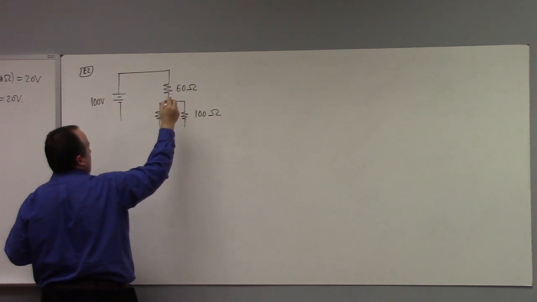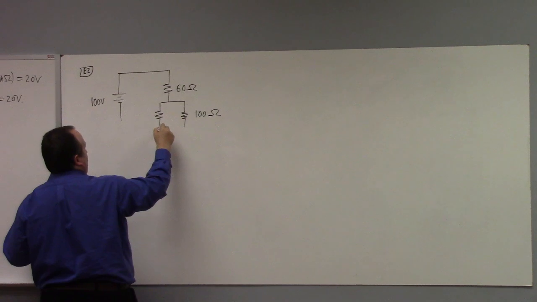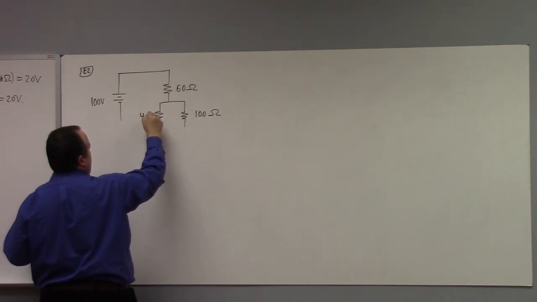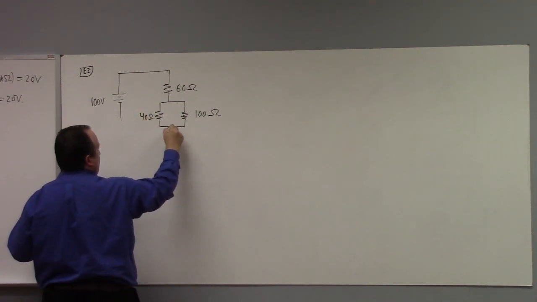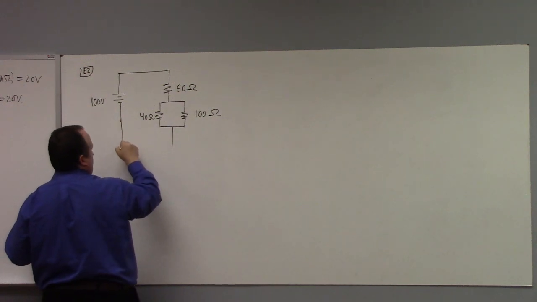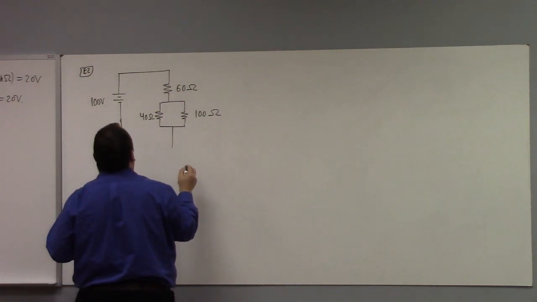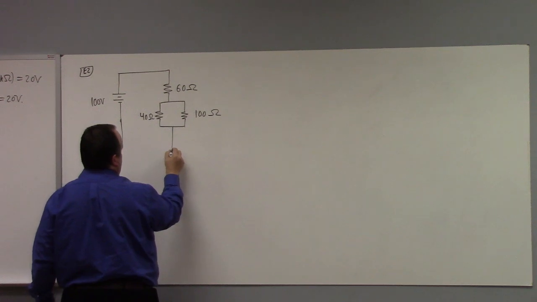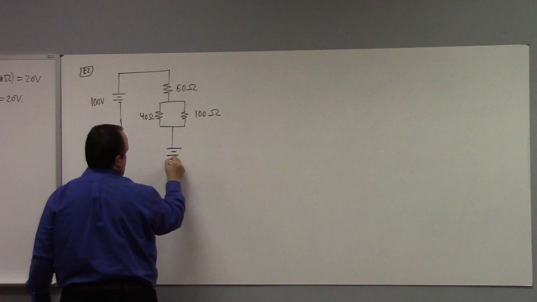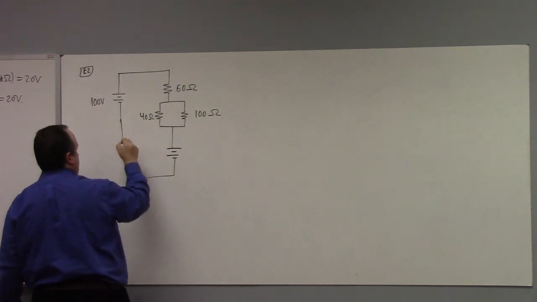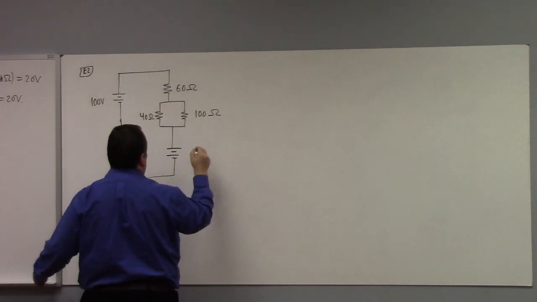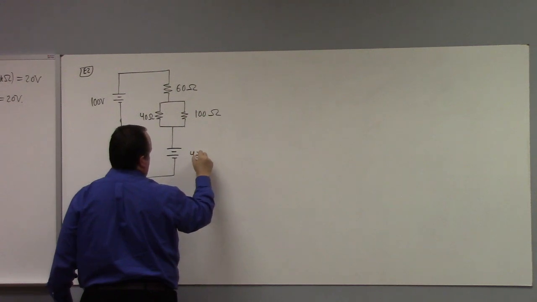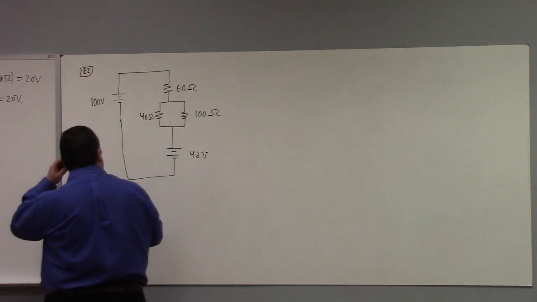And this will be, I don't know, what do you guys want? 40? All right, I'll take it. Interesting choice. Like that. And let's throw in another battery down here. Like that. Let's make it 42 volts. I don't know what that's going to do, but we'll figure it out.